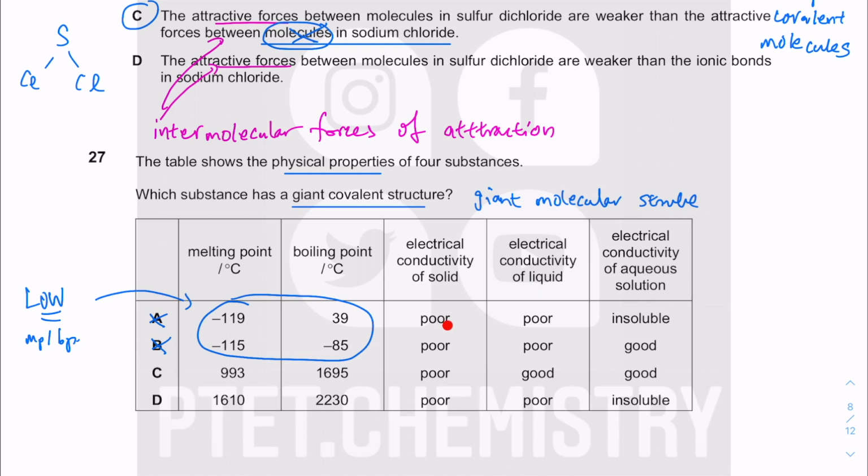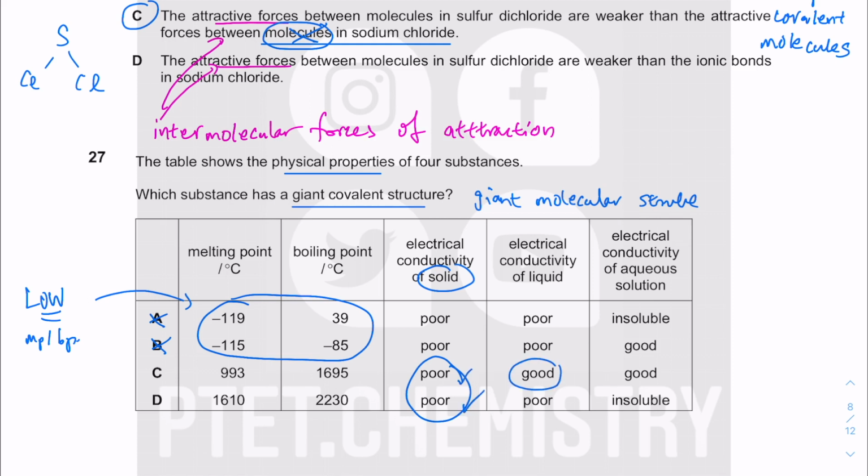But since A and B are already wrong, we just look at C and D. This is solid. If it were graphite, it would be good, but none of these are graphite, but they're still giant molecular structure. When you have a molecular structure, whether simple or giant, except for graphite, most have poor electrical conductivity when solid. So that is correct and correct.